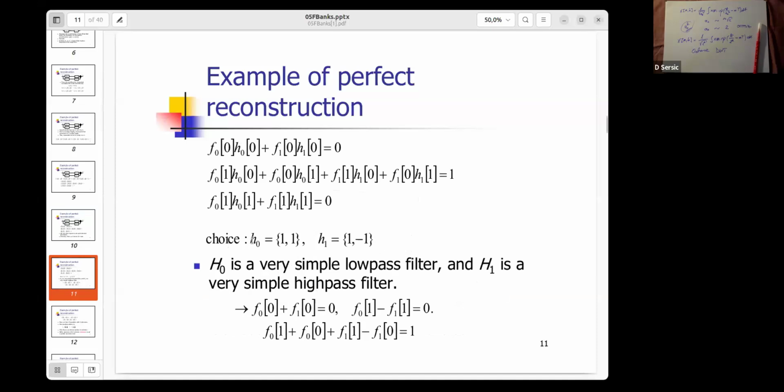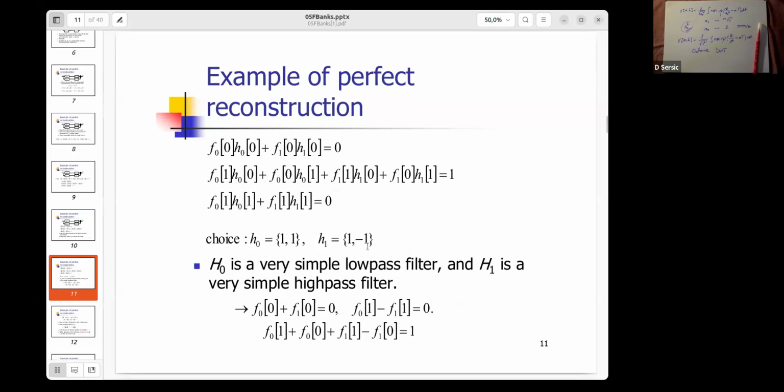Let H0 be a very simple low-pass filter, like 1, 1, which is the simplest possible low-pass filter you can imagine. And let H1 be the simplest possible high-pass filter, like 1 and -1. Notice that it is simply a difference between the neighboring samples.